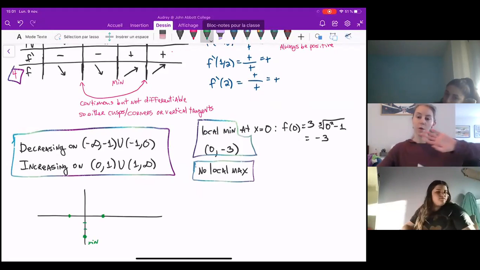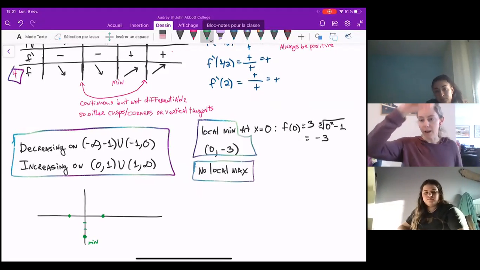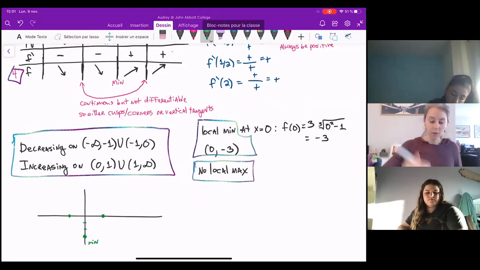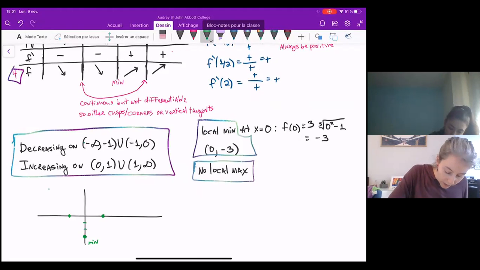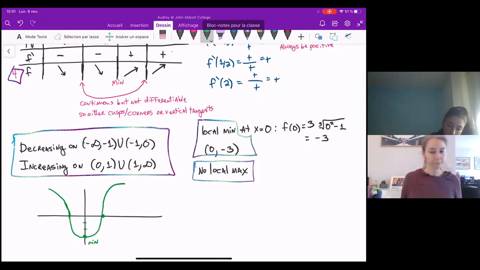I also know that on the left side it's decreasing forever, and on the right side it's increasing. And so what ends up happening is something that looks a bit like this. And right here, it turns out that these things are vertical tangent lines.